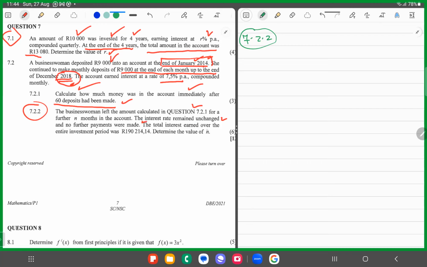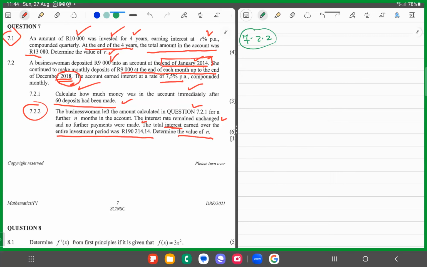The interest earned over the entire investment period was 190,214.14. Determine the value of n.